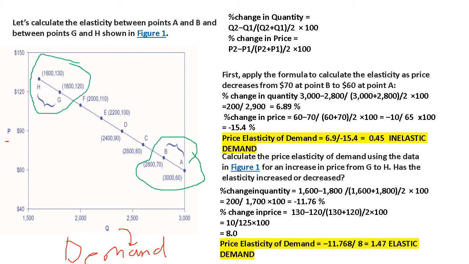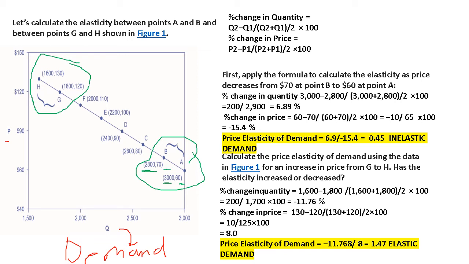Here you can see that on the left side is the quantity, while on the right side is the price. A is 3,000 units at a price of 60, while B is 2,800 quantity at a price of 70.